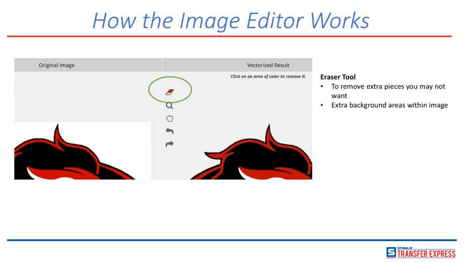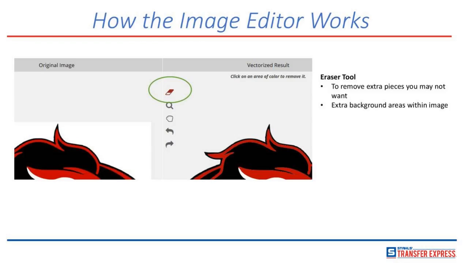So I was able to get rid of my background by clicking that remove background button, but maybe there was another shape. Maybe there was something else in that lion clip art that I really needed to get rid of. I can use that eraser icon to erase any other shapes that I want to omit also. For example, if you had a bitmap that had two different designs, maybe I had a lion and a tiger mascot in the same art file, so they were in the same bitmap art file, I could use this eraser to erase any of the other chunks, any other piece of artwork, or extra stuff.